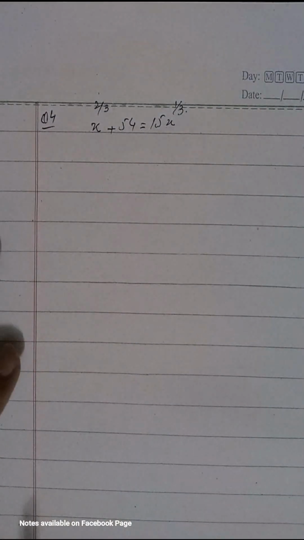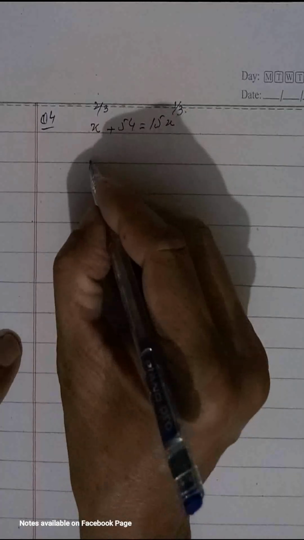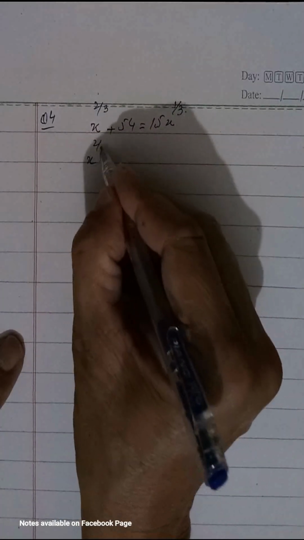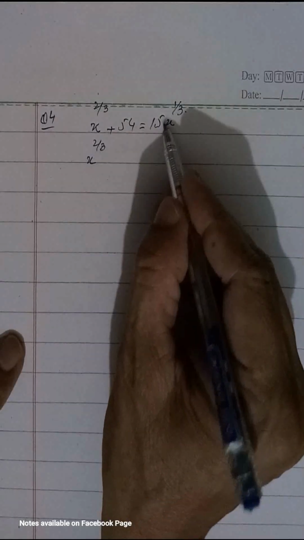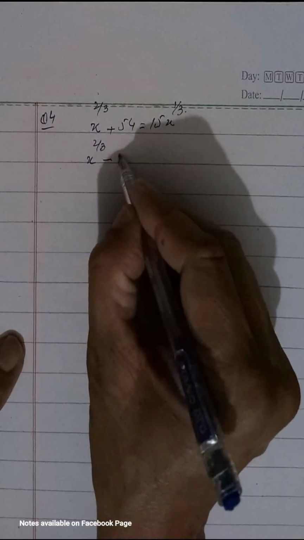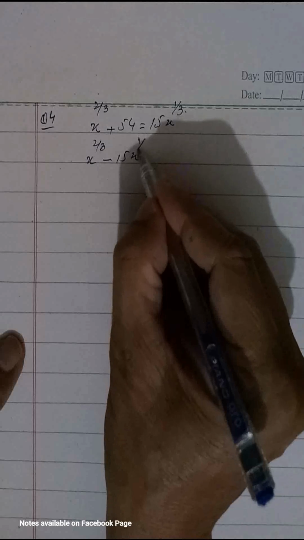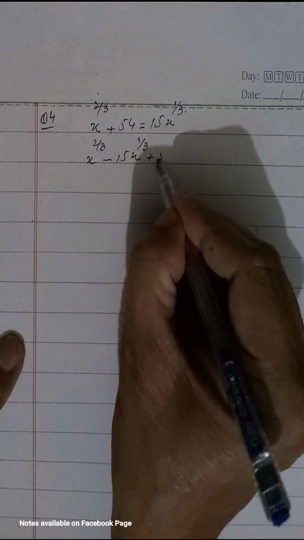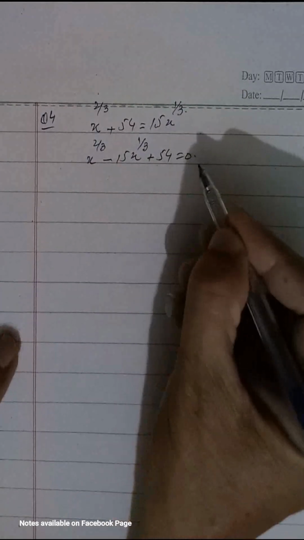We shift it in the standard form. We get x power 2 over 3, shift it to the left side, minus 15 x power 1 over 3 plus 54 is equal to 0.